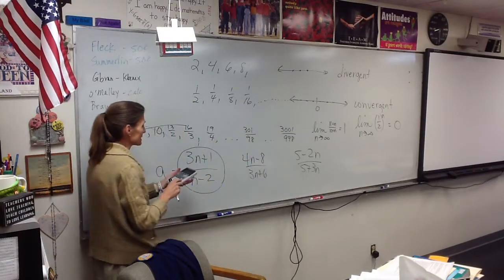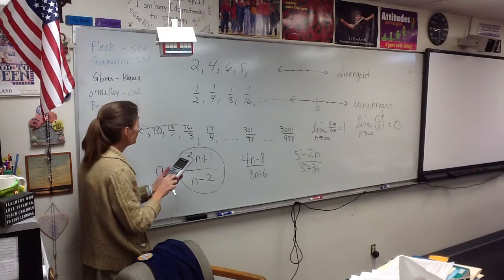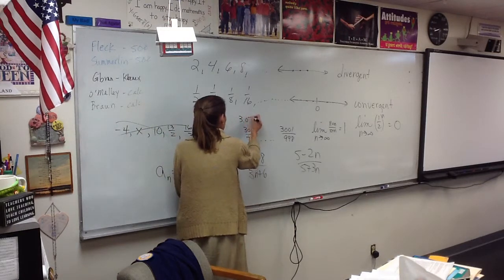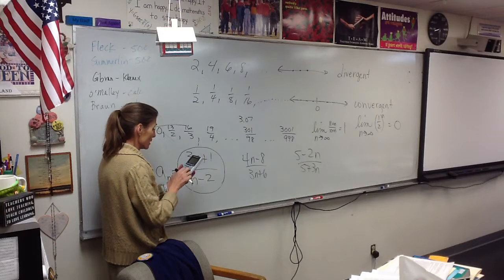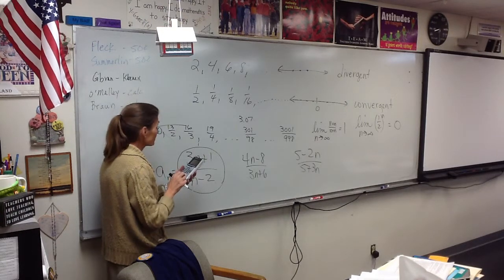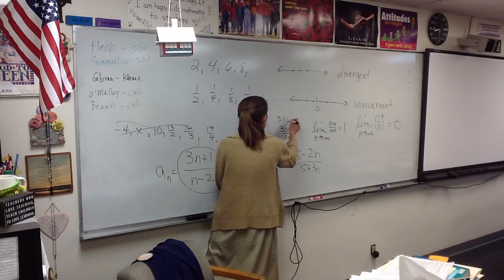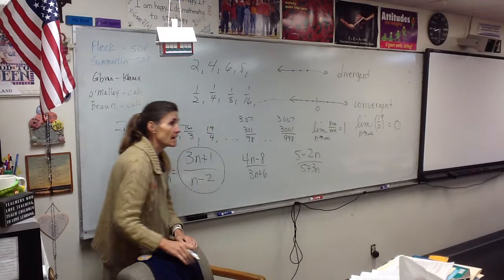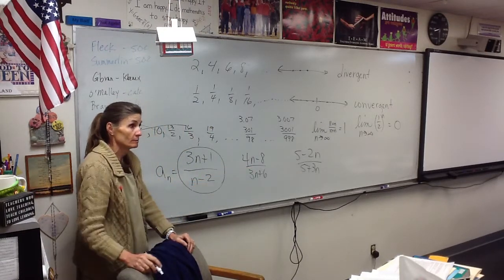What happens as n approaches infinity, as n gets to be a big number? What's 301 divided by 98? 3.07. What's 3001 divided by 998? 3.007. Any ideas? It's approaching 3.